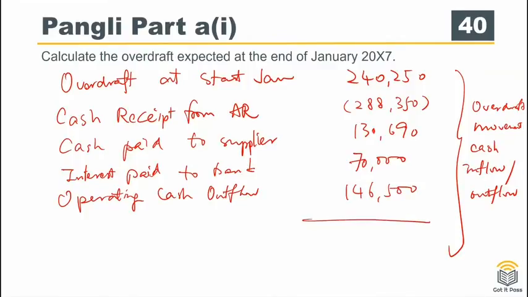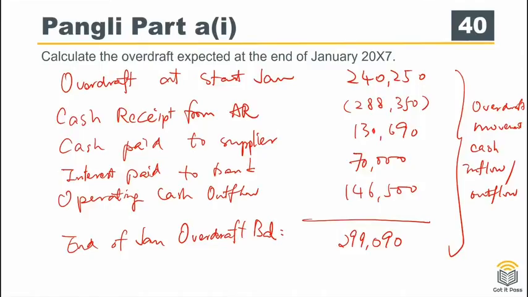You sum all these items, then you get the end of January overdraft balance, which is 299,090. So here is your cash forecast.